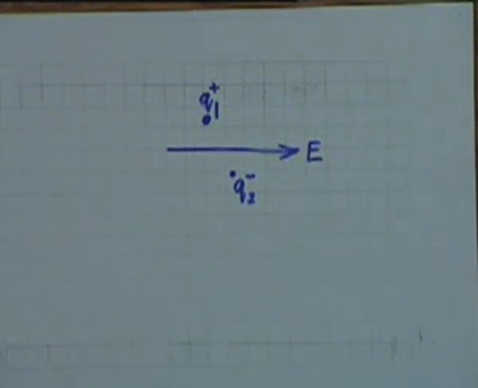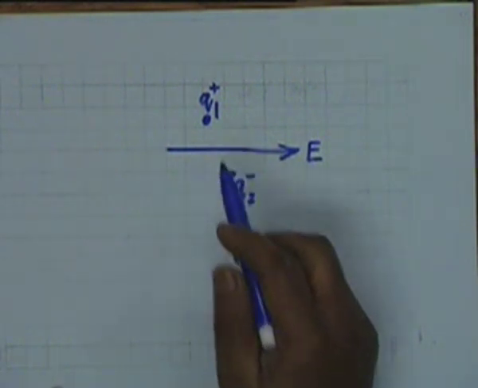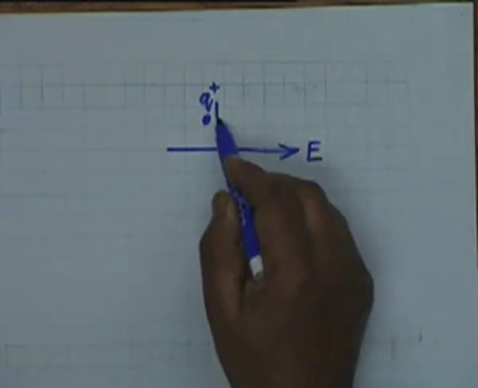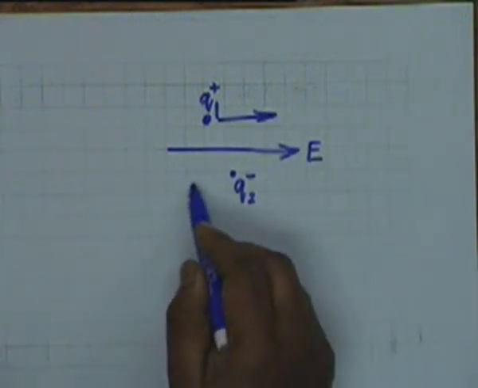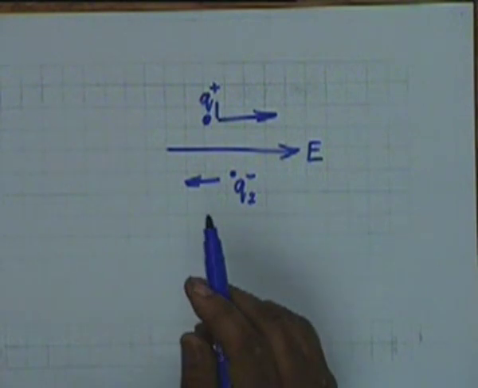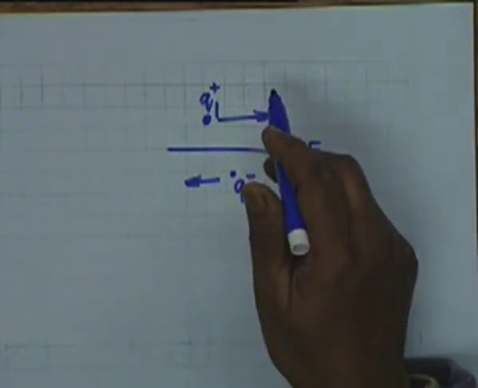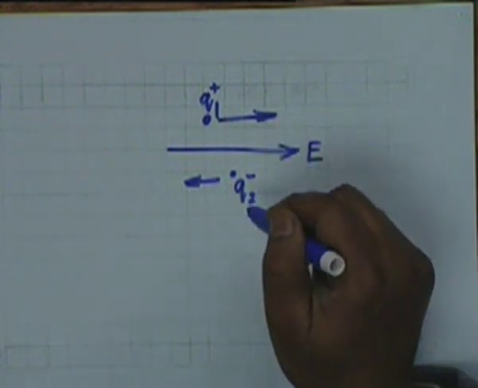Now then the positive charge shall move in which direction? In the direction of the field. It shall move in this direction, and the negative charge shall move in the opposite direction. The current then shall consist of two components, one due to the motion of positive charge, the other due to the motion of negative charge.